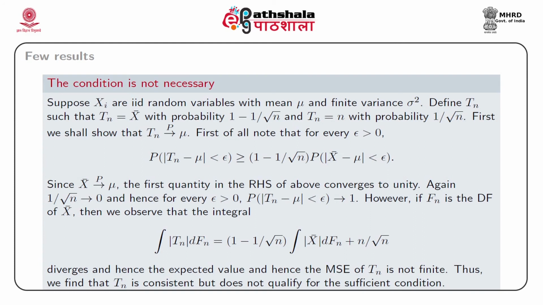However, Tn is a function of X bar. So if Fn is the distribution function of X bar, then we observe that the expected value, that is the integral of the absolute value of Tn multiplied by dFn, which equals 1 minus 1 by square root of n multiplied by the integral of the absolute value of X bar dFn plus n divided by square root of n, diverges, and hence the expected value and hence the mean square error of Tn is not finite.